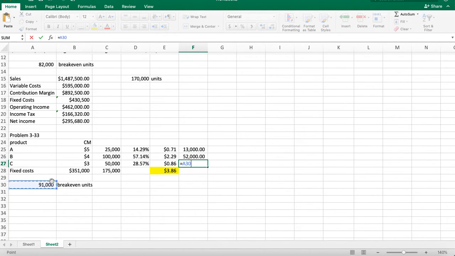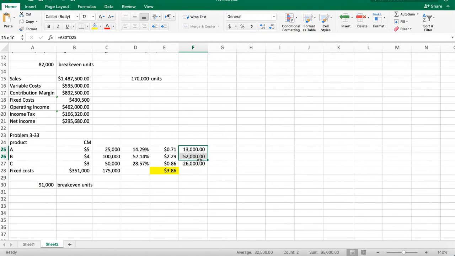And we take 91,000 times 28.57%. And this is our break even in units for each product. So if we sell 13,000 of A, 52,000 of B, and 26,000 of C, we cover all of our fixed cost and have an operating income of 0, which means we break even. So that's how you do a sales mix.